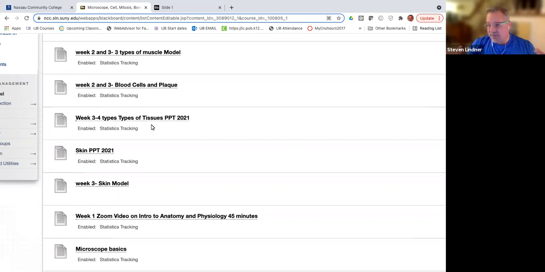Now, once we finish the tissues, we'll get into the skin model. And the skin makes the perfect organ to look at first in terms of systems, the integumentary system, the skin falling under that, because the skin contains all four types of tissues: epithelium, connective, muscle, and nerve.